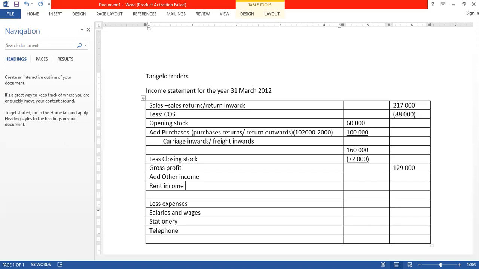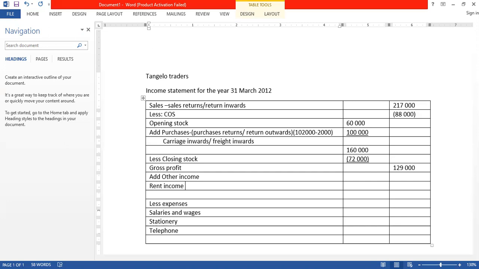Now, in this case, rent for March is outstanding, meaning that the 4,400 that is recorded in the trial balance is only for 11 months. Do you understand?